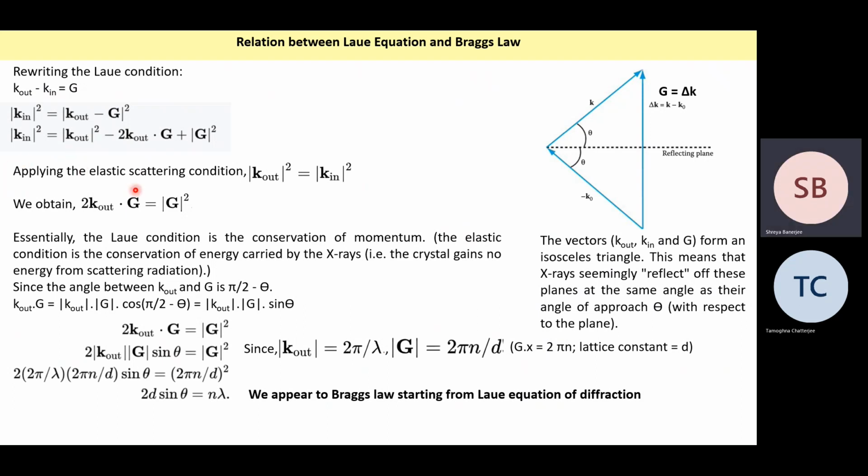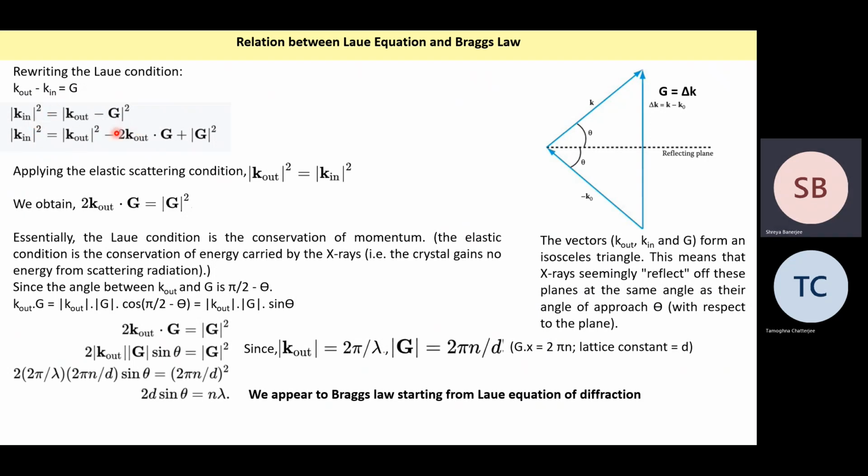There is something called the elastic scattering condition, which says that the energy of the incident beam must be equal to the energy of the diffracted beam. That is, there is no energy that is being absorbed or lost. So in that case, K out whole square is K in whole square. If that is so, then these two will cancel out.